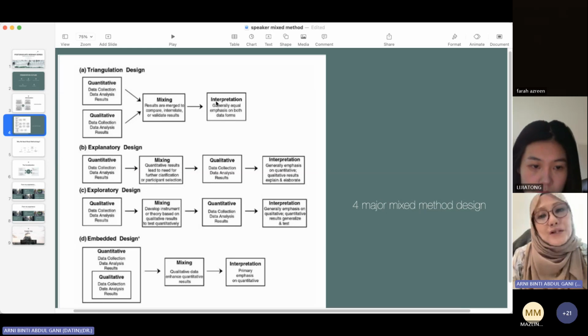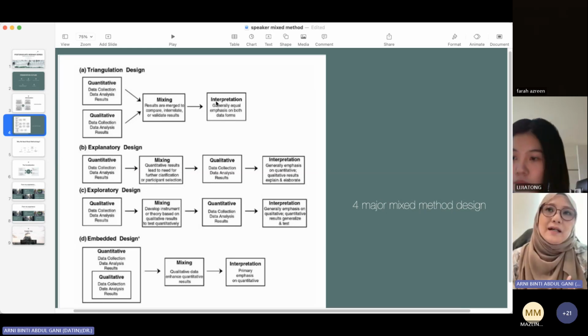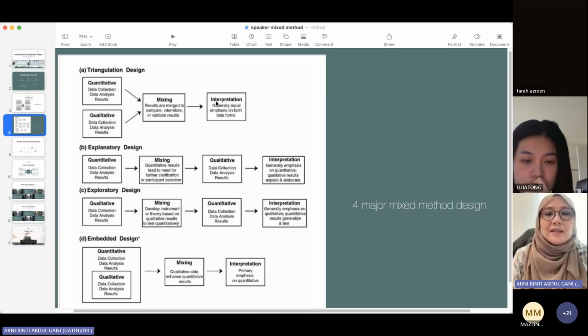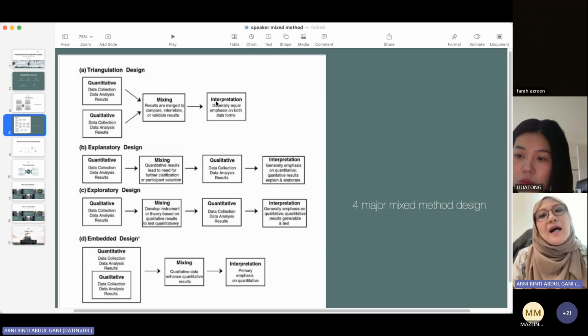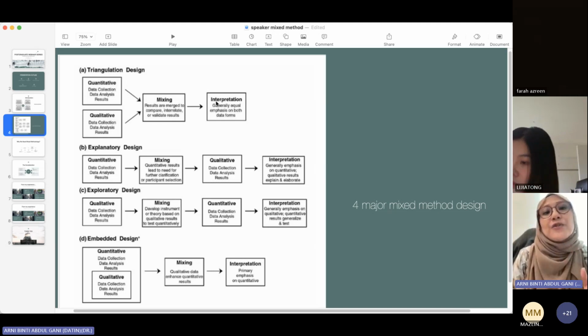I will not be surprised if you do your own desk research. When you Google, you are going to find tons of different designs for mixed method, all called mixed method design. But just for the sake of this short presentation, I will only introduce to you the four major ones.